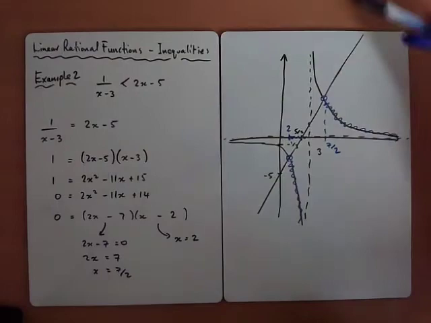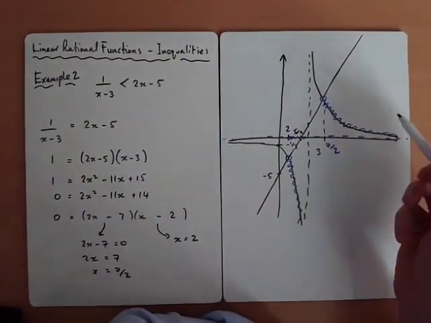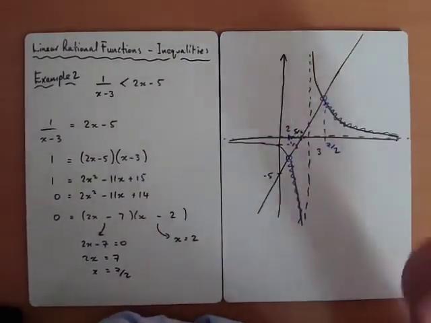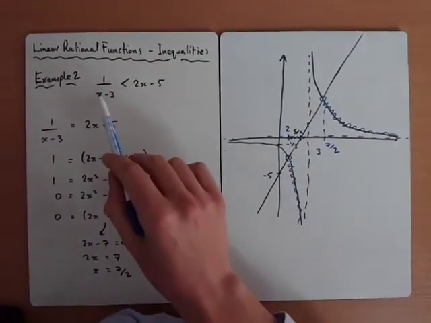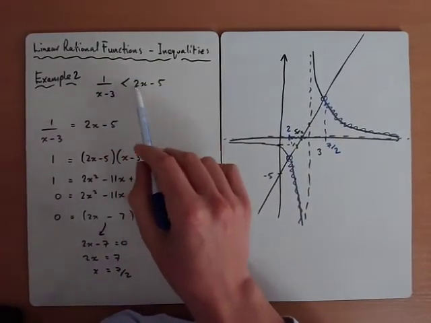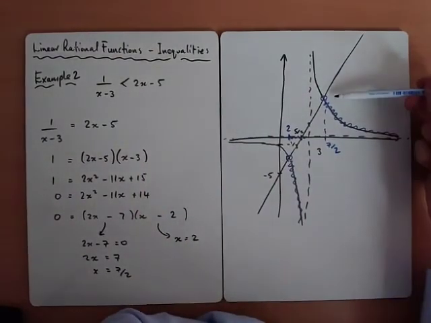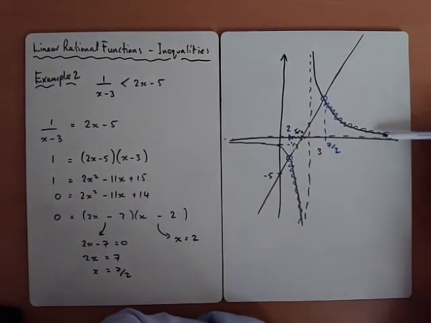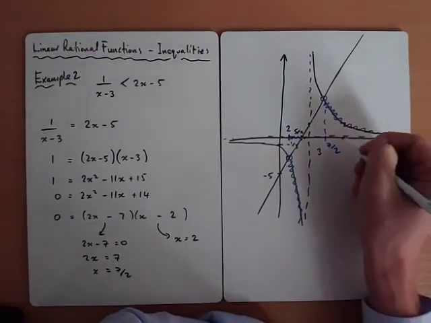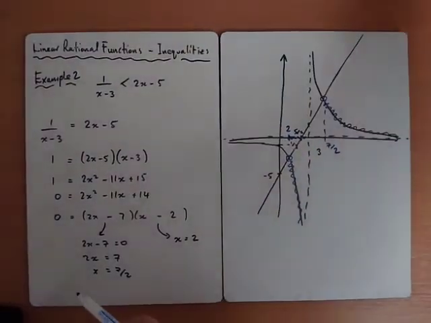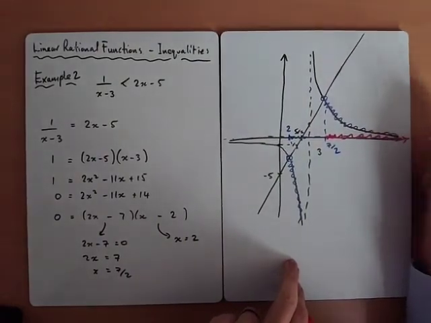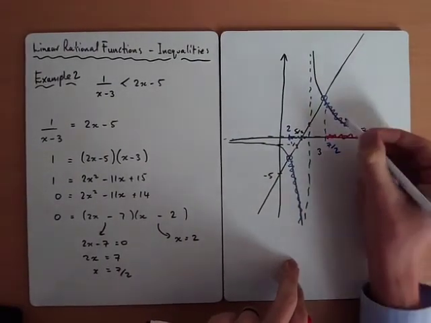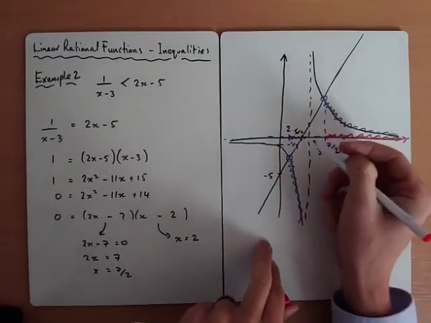Okay, this is quite a difficult skill. It takes a bit of practice, but once you've got your sketch and you found where they've intersected, look back at your inequality. When is our curve less than the line? And in this section, it's less than the line. So these values here are the values that we want. Those x values there are when the curve is less than the line.